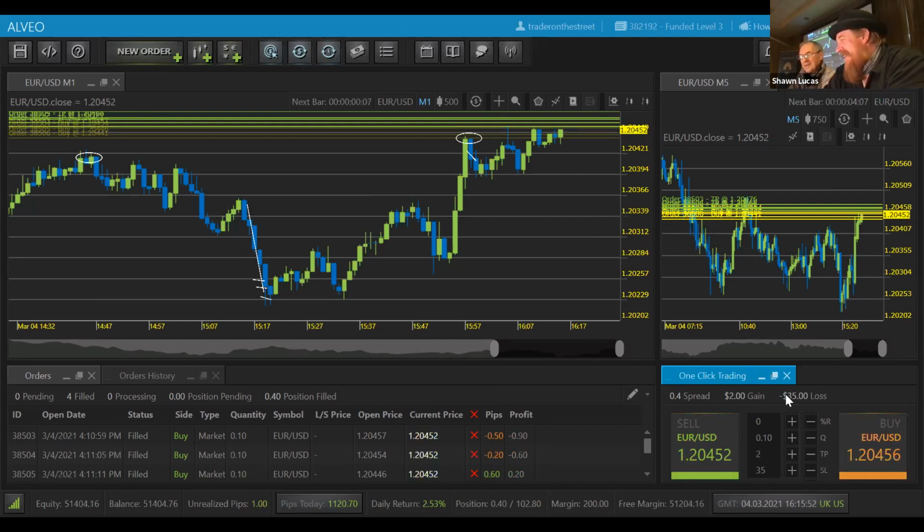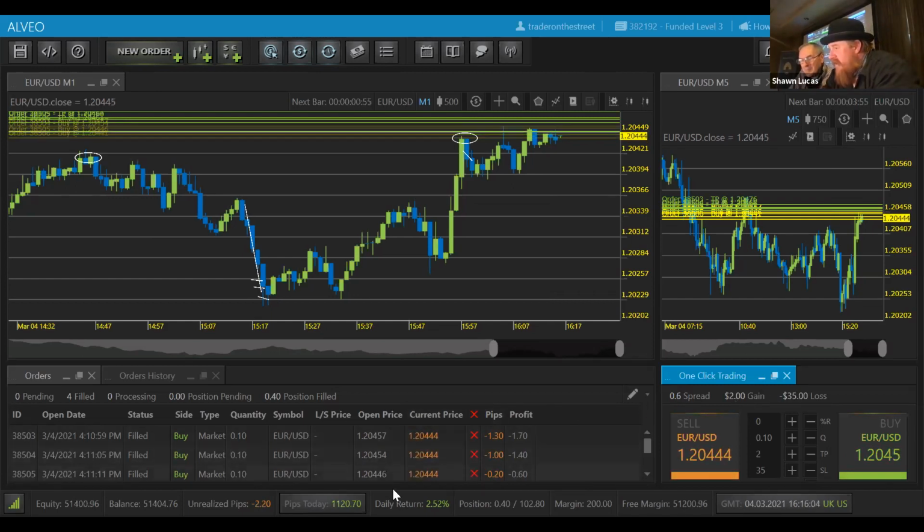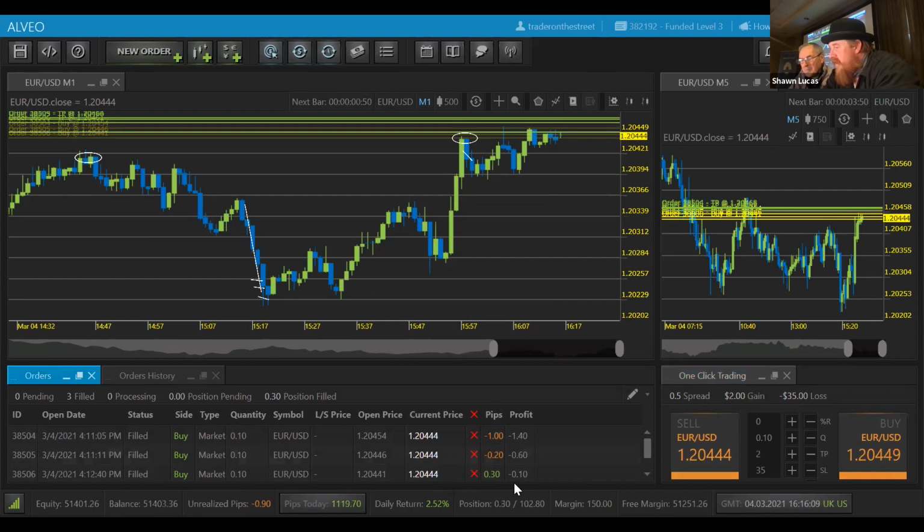All right, come on, just one little pop. Not going to do it, not there. Let's see, let's close out. Hold on. Let's close out of one of those trades, the top trade. There we go. That'll stimulate the market.